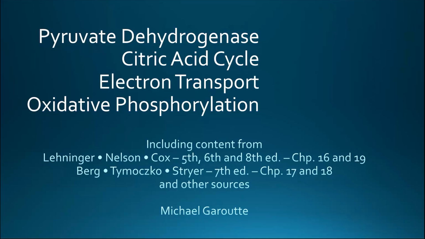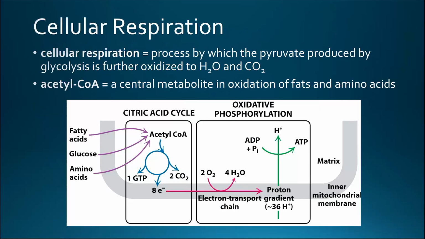This is Dr. Michael Garut, and in this first part of the video we'll be looking at an overview of metabolism of pyruvate and the pyruvate dehydrogenase complex. As you know, cellular respiration is the conversion of food molecules into water and carbon dioxide and the production of energy.